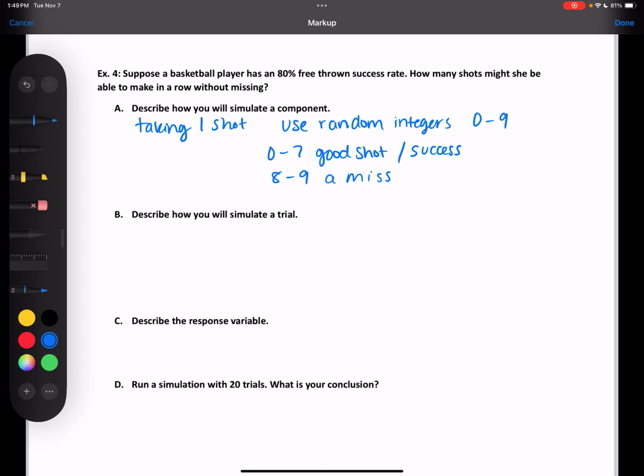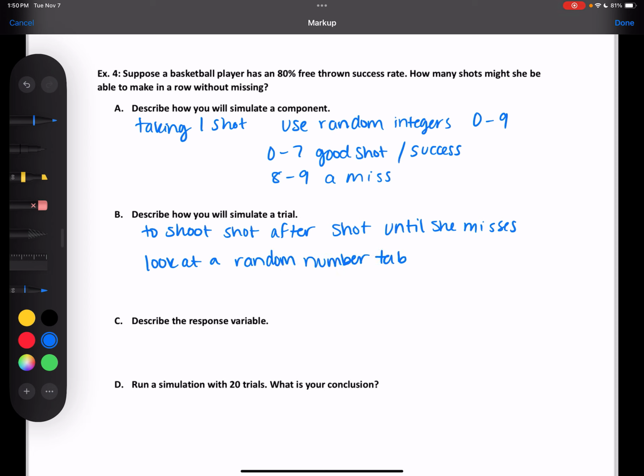So, describe how you will simulate a trial. Basically, we are going to shoot shot after shot until she misses. So specifically what I'm going to do is look at a random number table. When I actually go to run the simulation, I will specify which rows I'm using.